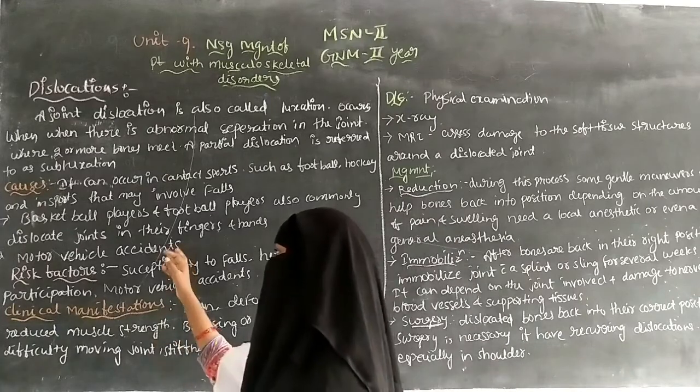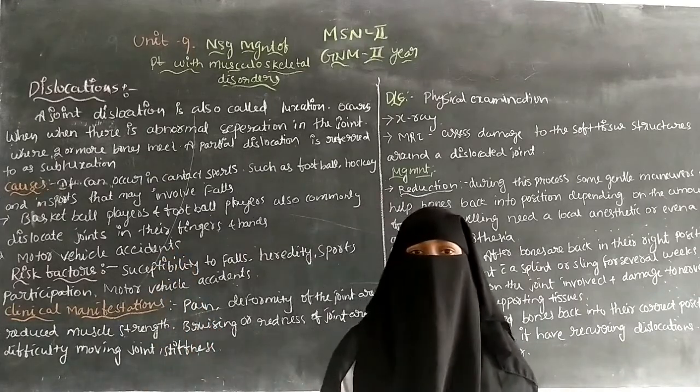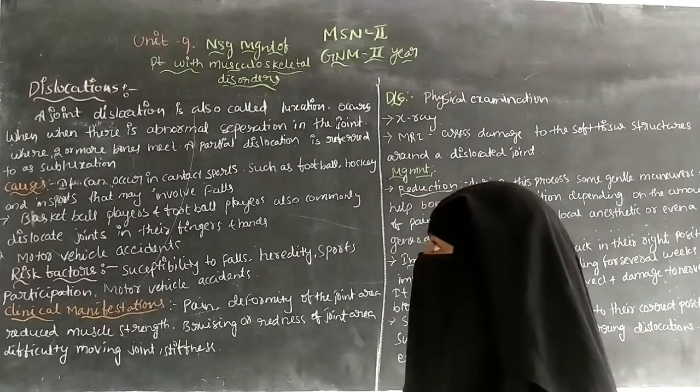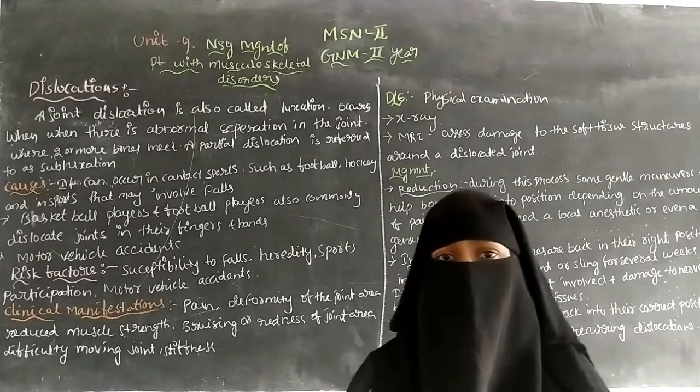Next one is motor vehicle accidents. Because of motor vehicle accidents, dislocations can also occur in the joints.